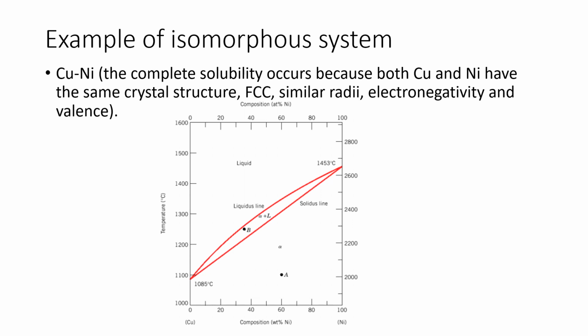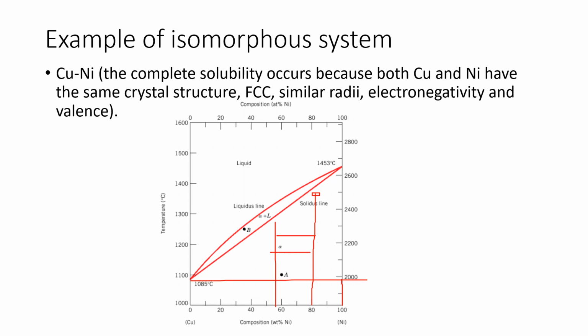But at this temperature, 1085, at this particular percentage, 80% nickel solution and 20% copper solution, the mixture of both the solutions is solid at this point.